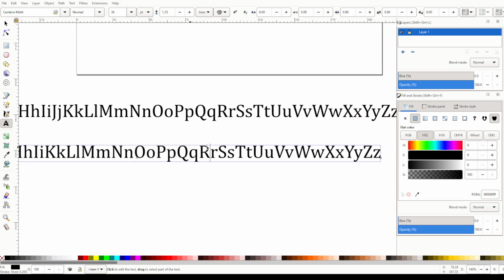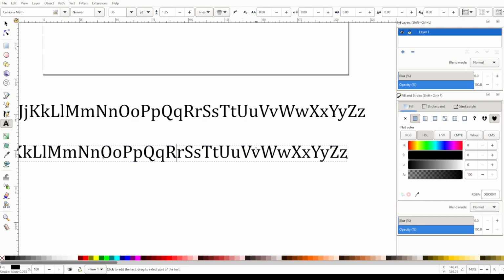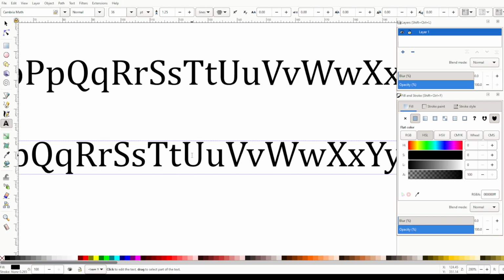Then the letter V and the letter W used to also be the same letter. Some letters can have variants depending on where in the word they are.